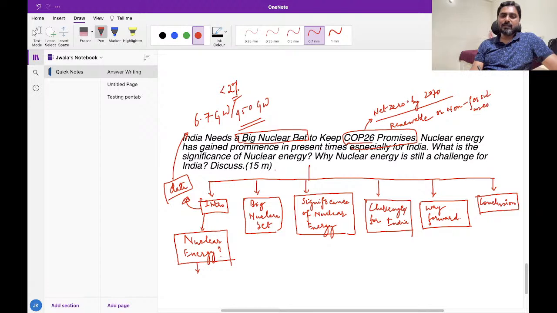At present, around 58% of our electricity or energy consumption is coming from fossil sources. So we want most of our energy to come from renewable or non-fossil sources. To fulfill the COP26 promises, we have to cut out production from coal power plants, gas based power plants, or other plants which produce carbon dioxide in their process. So we have to switch to renewable sources.